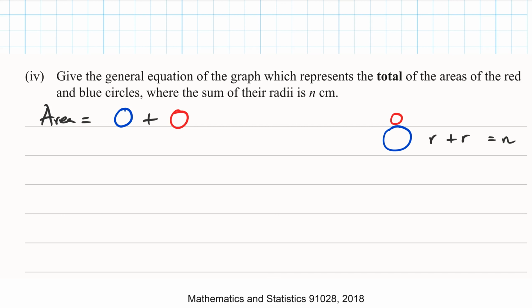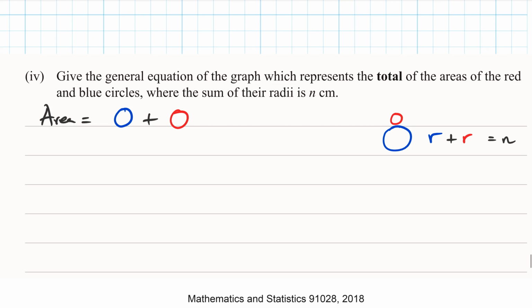So what I'm saying is that the radius of blue plus the radius of red equals n. So that means I can write them all in one kind of thing. I'm just going to rewrite this with the colors: the blue circle's radius plus the red circle's radius equals n.